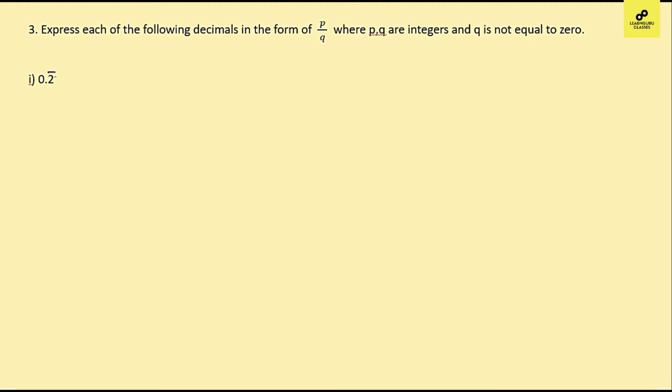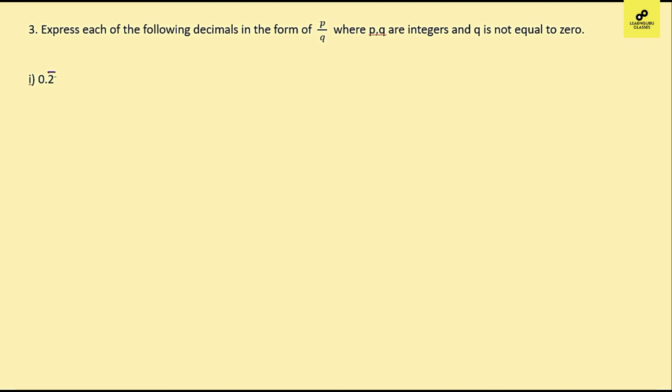So here you are given a decimal expansion and you have to convert it into p by q. Like in the previous case, you were given a fraction and you were to convert into equivalent decimal expansion. Now just the opposite. Okay, so there are certain steps for solving this type of sum. So I will try to explain each and every step along with the sum as we proceed.